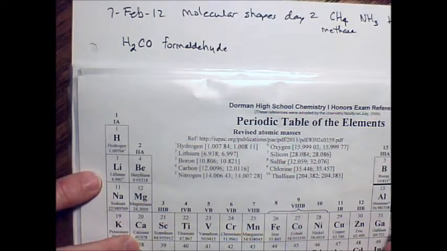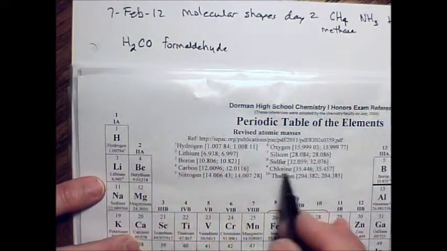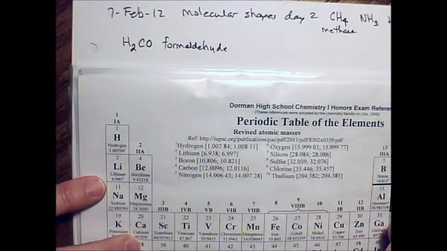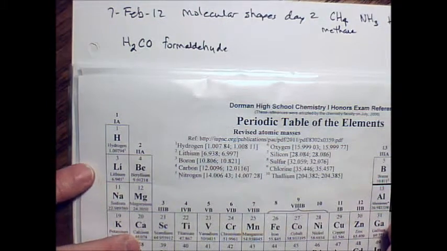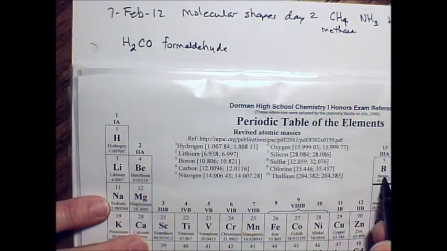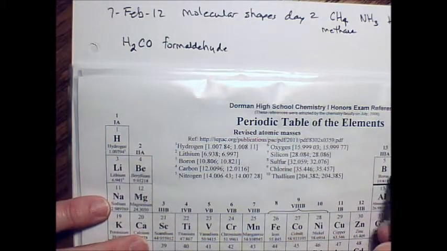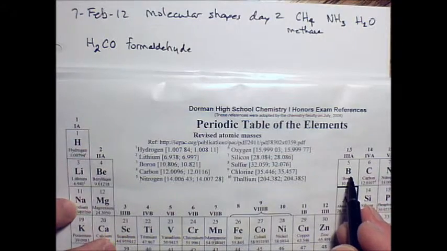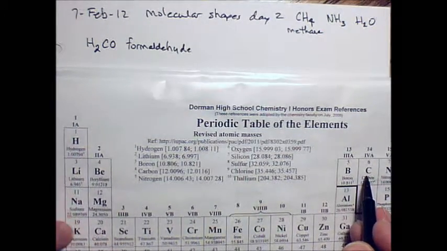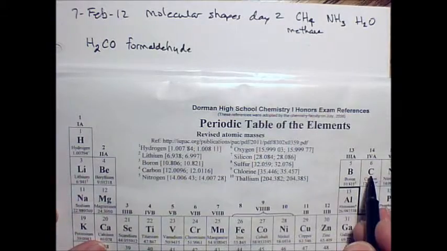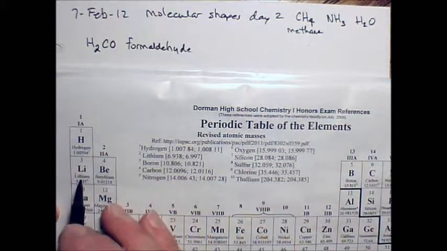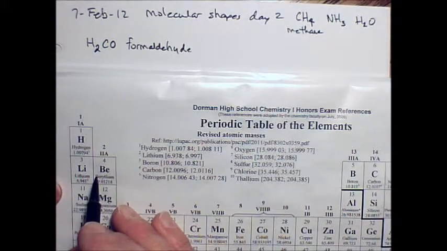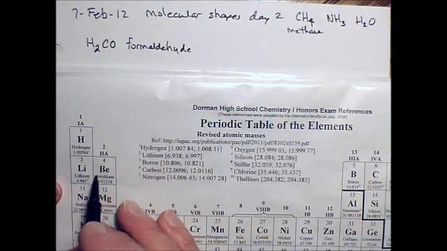Carbon's here, and in this second primary energy level, that's carbon's valence level, carbon has 2 electrons in the p sublevel region, which we can represent as being boron and carbon. It's not actual boron and carbon, but it's 2 electrons represented by those 2 elements there, and then 2 over here in the S sublevel region, represented by lithium and beryllium.